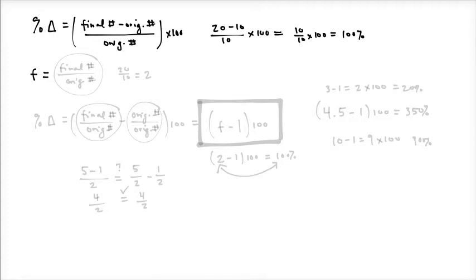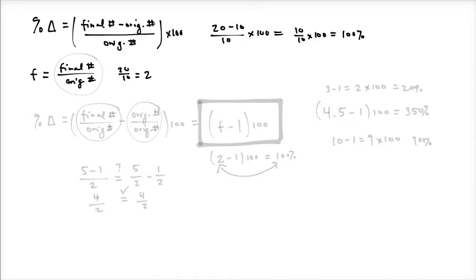Really what you're doing is you're just taking the final number and dividing by the original number. And as you can see, 20 divided by 10 is 2. And so that makes sense. Or you could easily see if you've gone from 10 to 30, 30 divided by 10 would be 3. So it increased by a factor of 3.